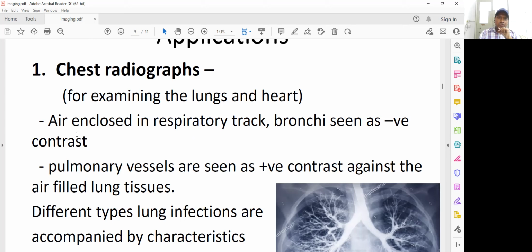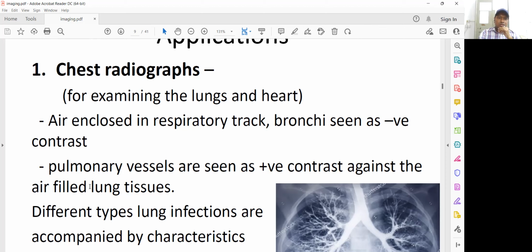So here the trick is that the air enclosed in the respiratory tract we see as the negative contrast, and the pulmonary vessels which contain the blood, we treat as the positive contrast with respect to the air.